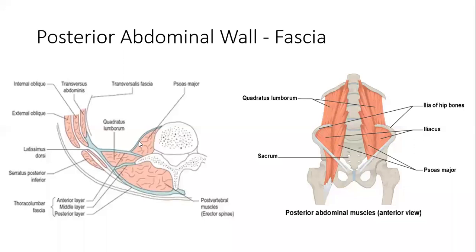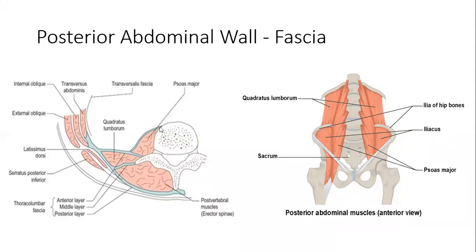This psoas fascia is attached medially in the midline to the lumbar vertebra, and laterally you can see it is continuous with the thoracolumbar fascia, and inferiorly it is continuous with the fascial sheet covering the iliacus muscle.